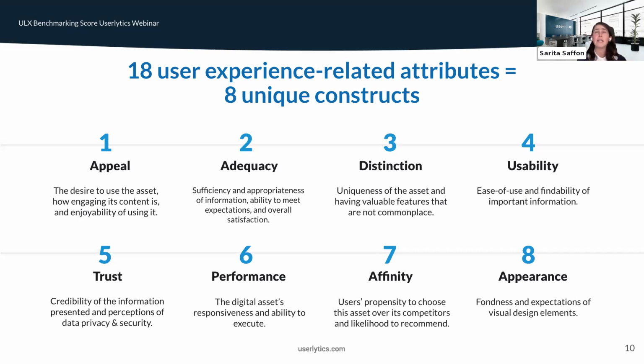These are appeal, adequacy, distinction, usability, trust, performance, affinity, and appearance. So here we can see how the different elements of those indexes that we saw before come into play into one single score, but one that will have a breakdown to see where your asset can work to improve on that overall user experience.